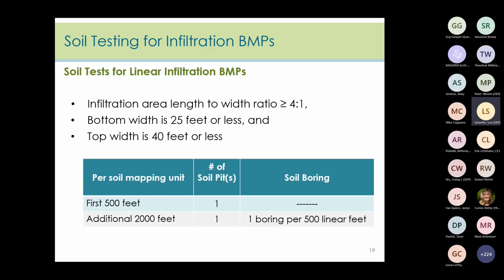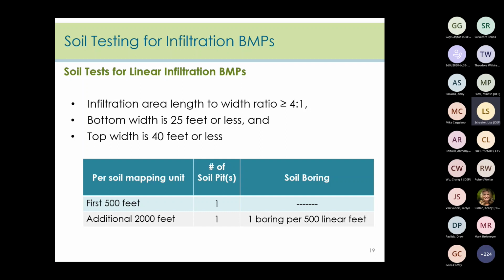All right, so let's talk about the linear infiltration BMPs. And to be one, you have to meet all 3 of the bulleted criteria. And this is the information that's also found on page 15 of chapter 12. So for linear infiltration BMPs, a minimum of 1 soil profile pit must be conducted within each soil mapping unit.